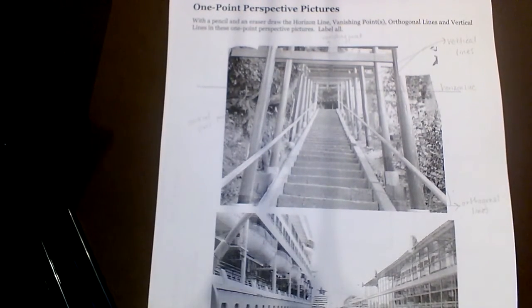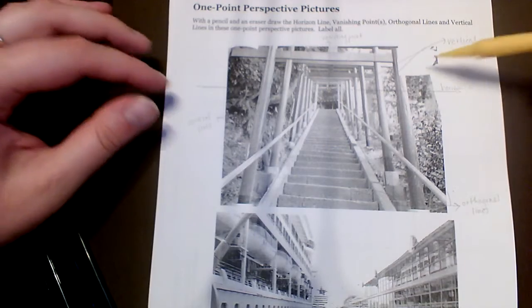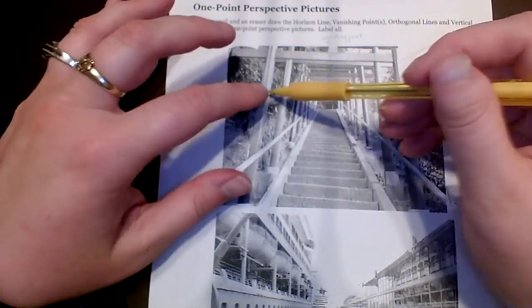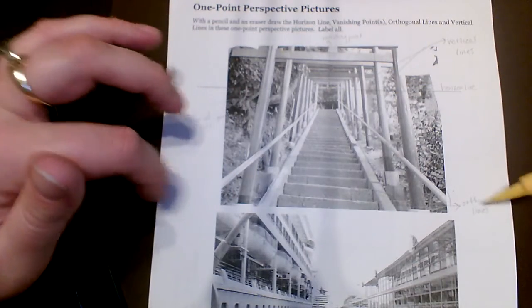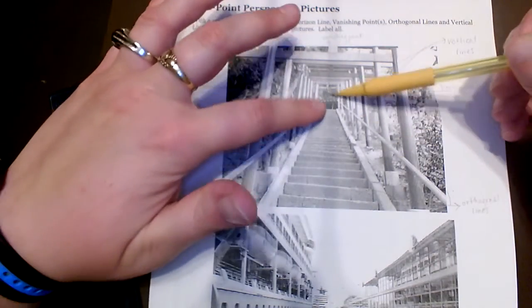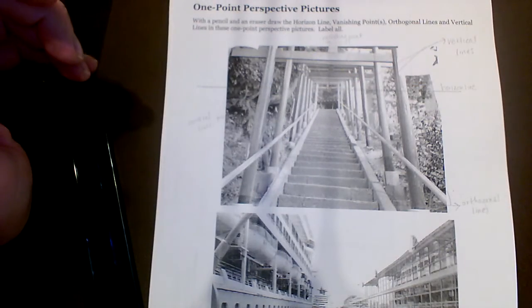So you can kind of see, so I have my vertical lines going here, I have my horizontal line with the vanishing point along my horizon line, and then I have my orthogonal lines that look like they converge to that vanishing point.